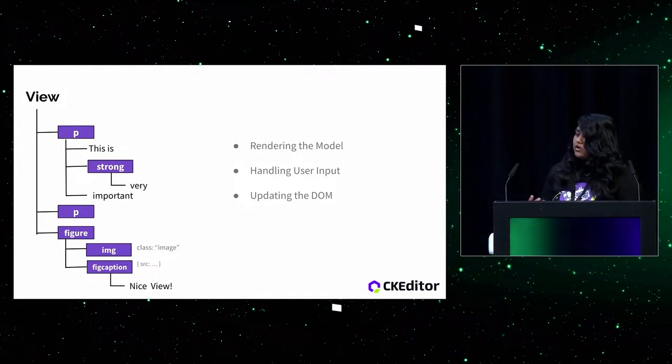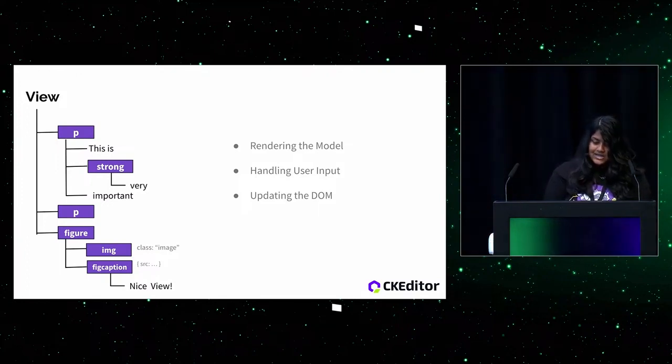So on the view, there are three important things to understand about the view layer. It renders the model, it handles user input, and it updates the visual representation, or it updates the DOM. Those are three important things that the view does.